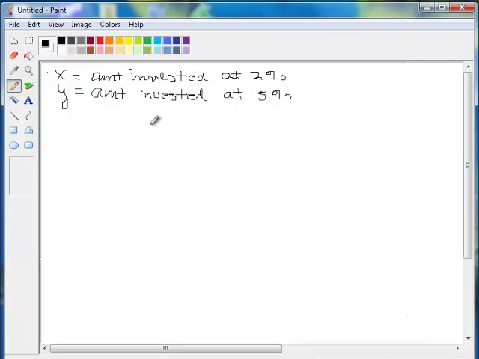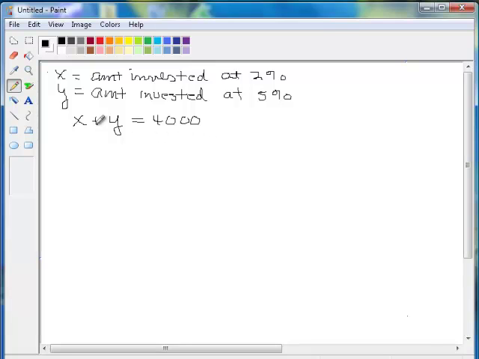Now since you have 2 variables, you are also going to have 2 equations. The first equation is about how much is totally invested. And that is your x plus your y equals the $4,000 that Blake invested. The second equation will involve the interest amount.